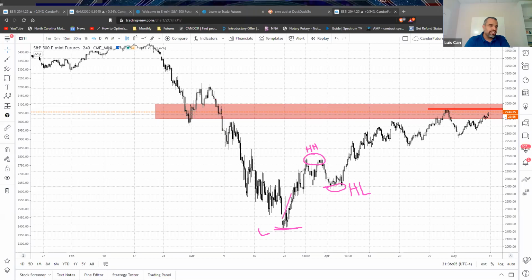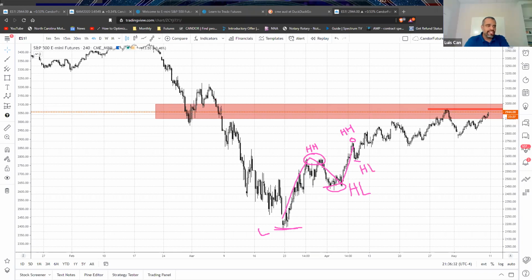And so it does this, and then here, bound. Is this level higher than this level? Yeah. So we call that a higher high. Okay. And then is this level higher but lower than this, but it's higher than this? Yeah. Yes. So we call that higher low.